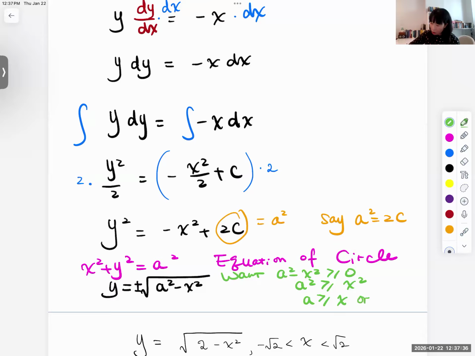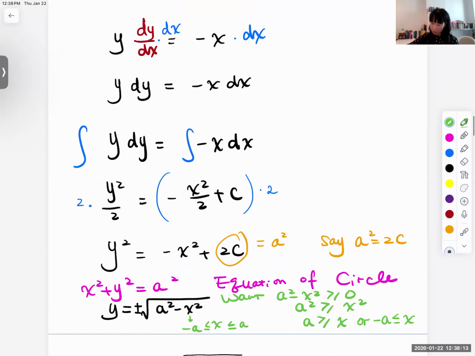Okay, or negative a less than or equal to x. Okay. Then this x must also be between negative a and positive a. Okay. That is the general solution.